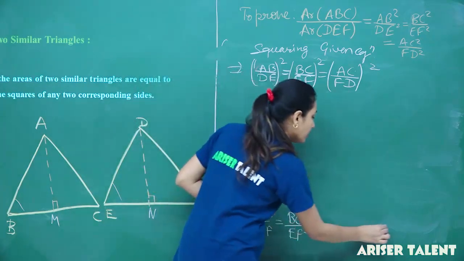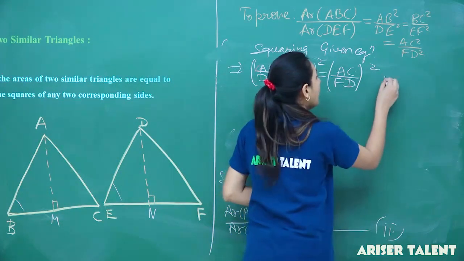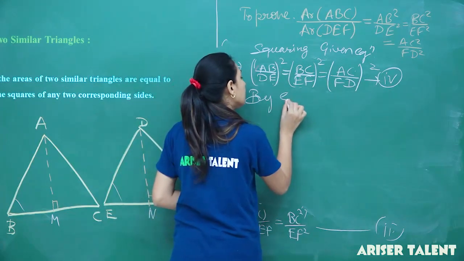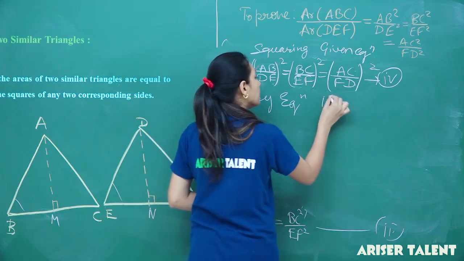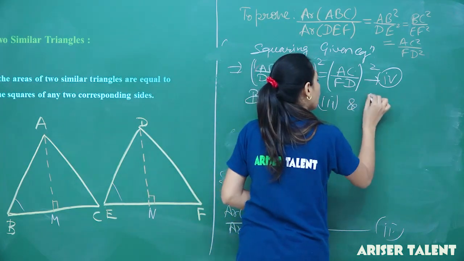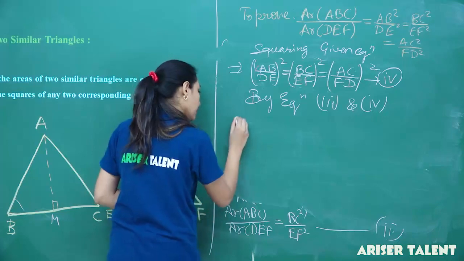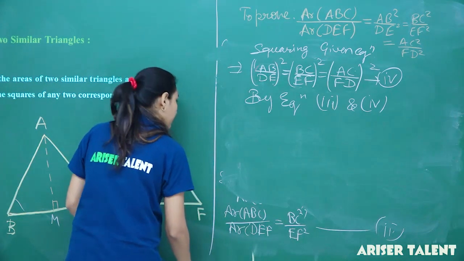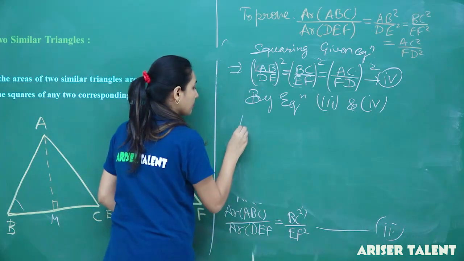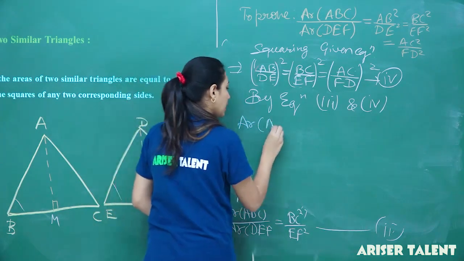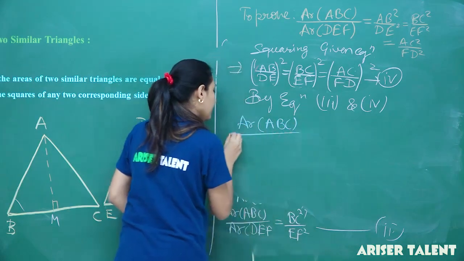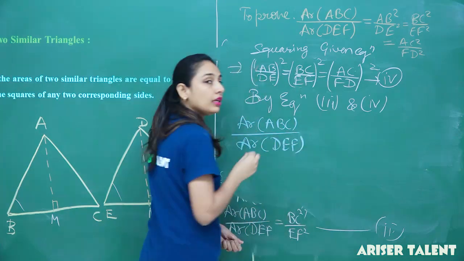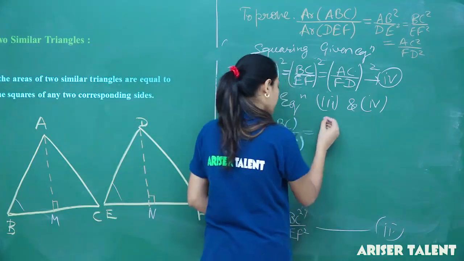So by the third equation and the fourth equation, what we are having, or else I can say, area ABC by area DEF is equal to what students?